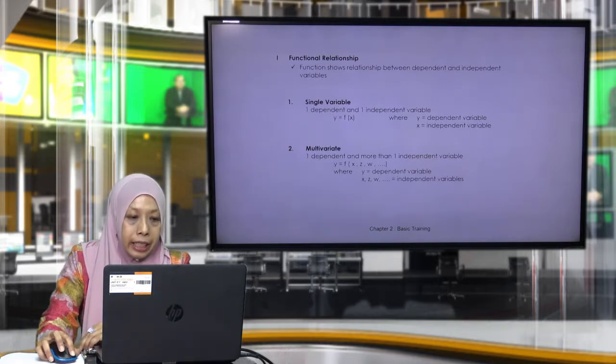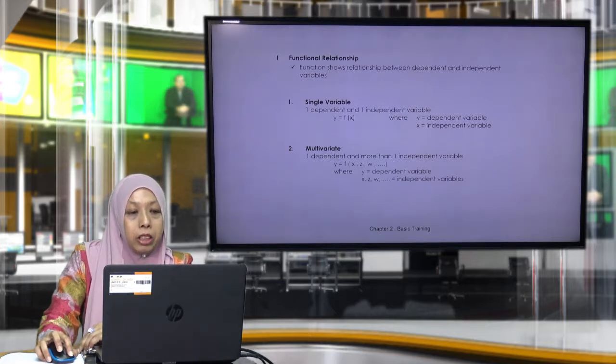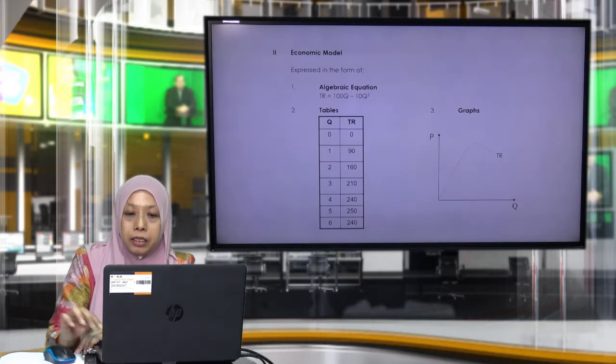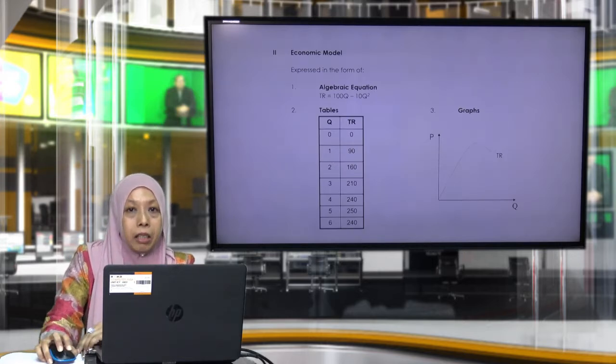Again, the dependent variable is always on the left-hand side of the equation, while the independent variables will be on the right-hand side. So when we talk about functional relationships, or mathematical functions, it can be in the form of a single variable function or a multivariate function.